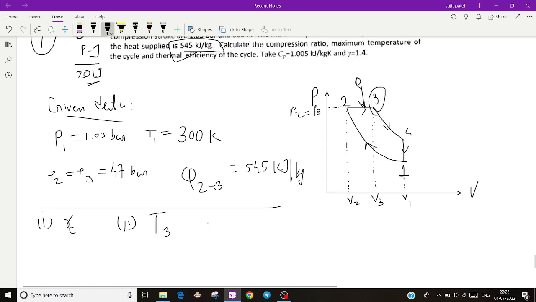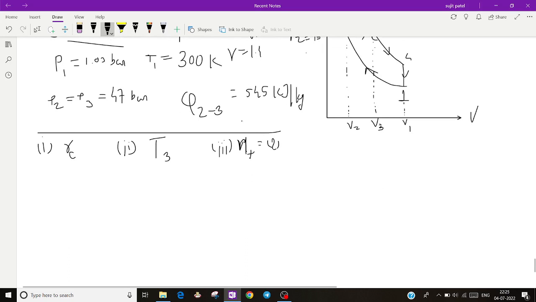The third thing is the thermal efficiency of the cycle. Some values are given: Cp is 1.005 kilojoule per kg Kelvin and gamma is 1.4.